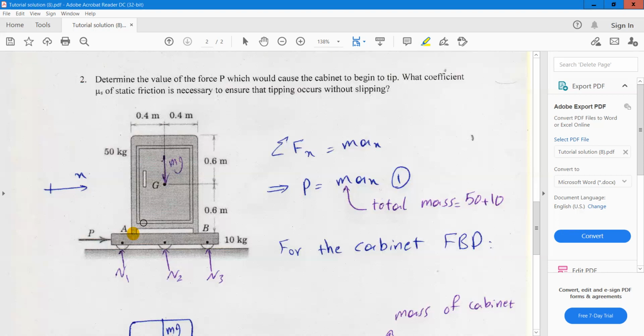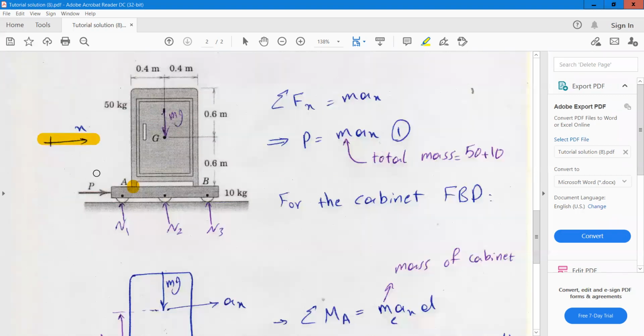So we can first obtain the acceleration for this problem, and we can obtain the P. For this purpose, we can write the force equation in horizontal direction. We assume that this is axis X, with the positive direction of axis X to the right.